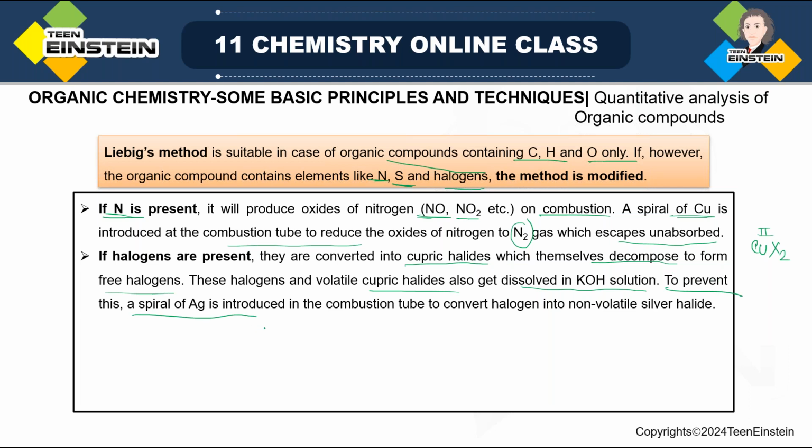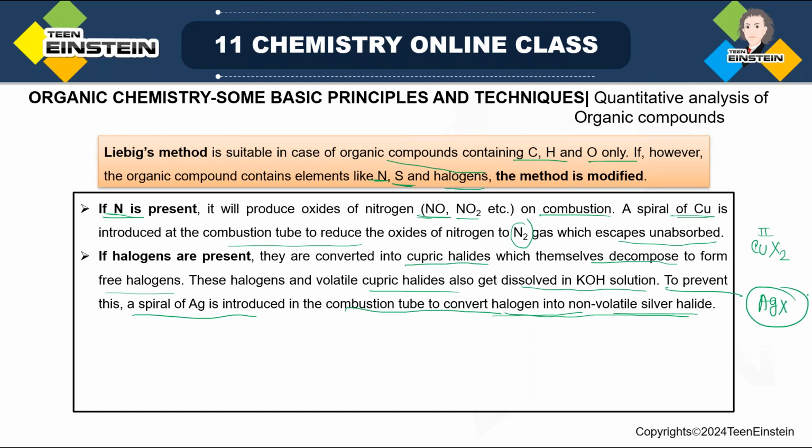In the previous case, we used a spiral of copper. Now we are using a spiral of silver. It will be introduced in the combustion tube where combustion is occurring, and the purpose is that now we will convert the halogen into non-volatile silver halide such as AgX. So this is non-volatile, so it will not cause any problem.